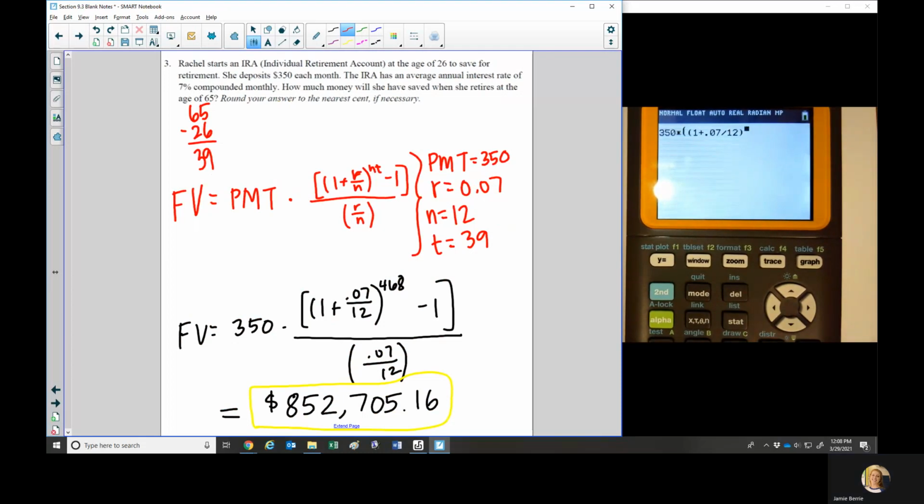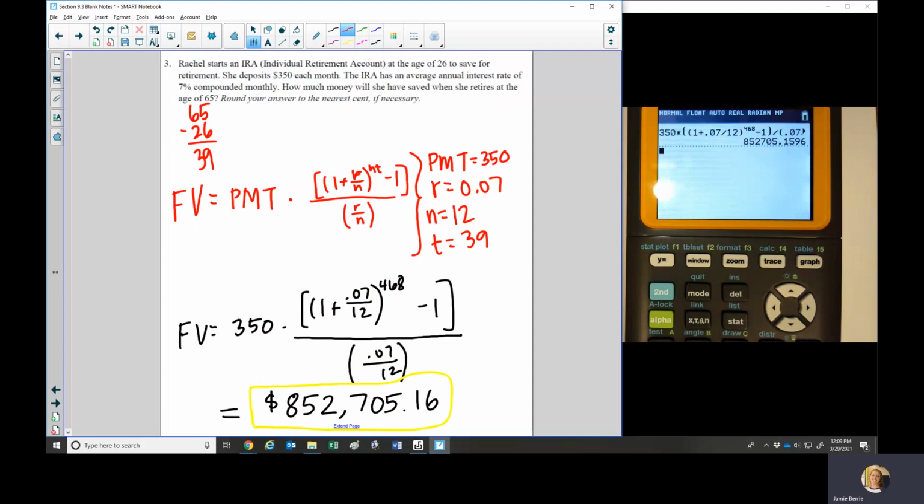Raised to the 468th power minus 1, close big parentheses, divided by parentheses 0.07 over 12. And there you go, same answer. So I just wanted to show you how to plug it in if you don't have that little fancy fraction button.